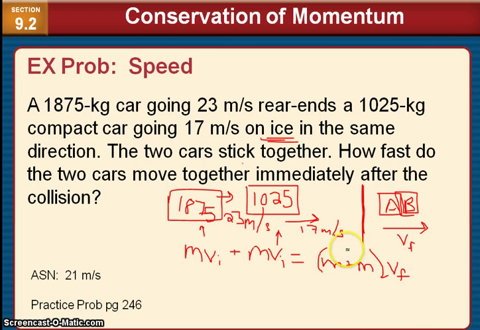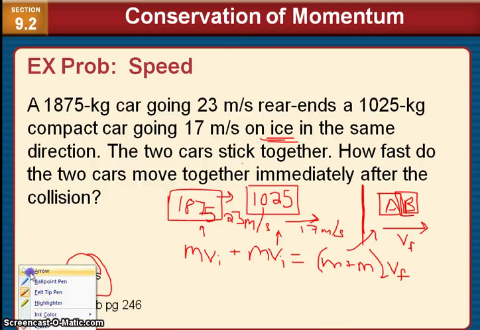Because these two have to be added together and they're going to have one velocity. Work that out, check your answer, look at the page if you need to, but I think you'll be able to do it.